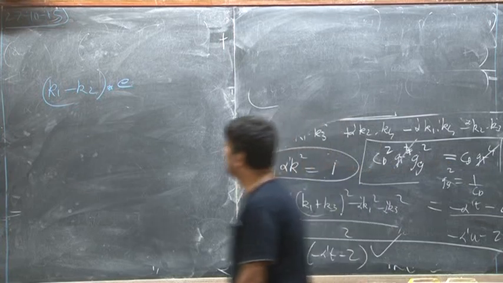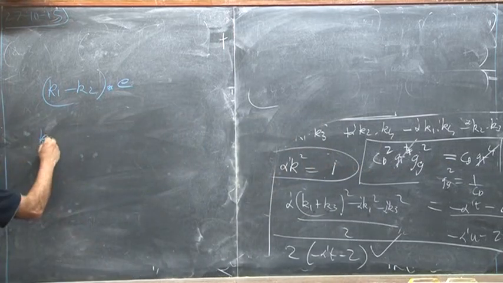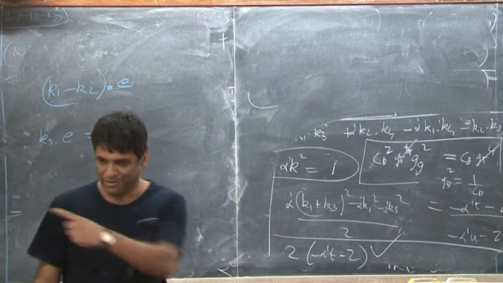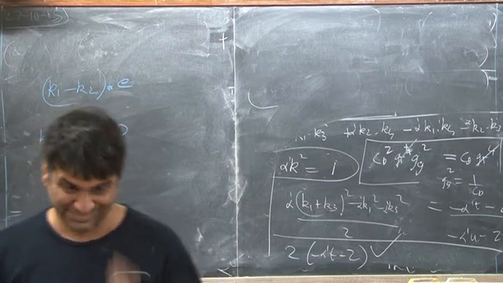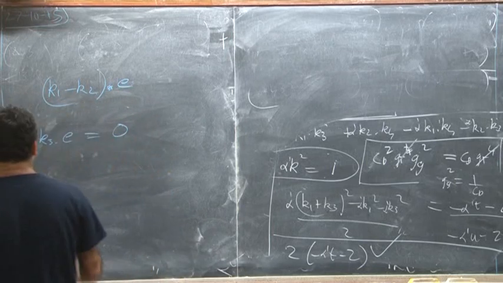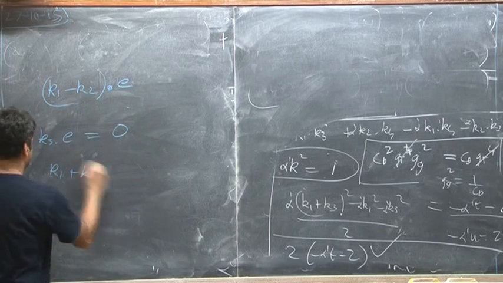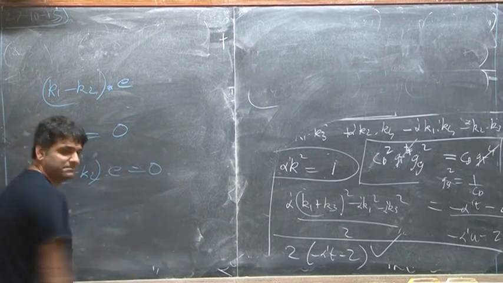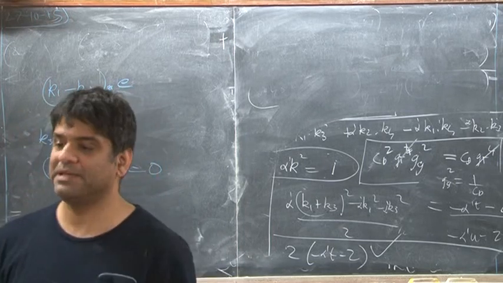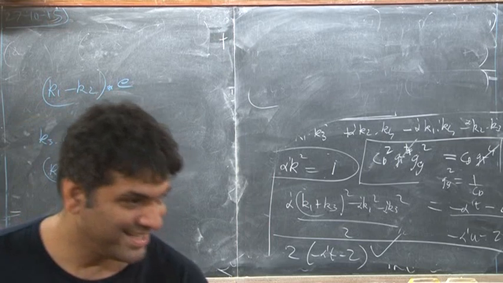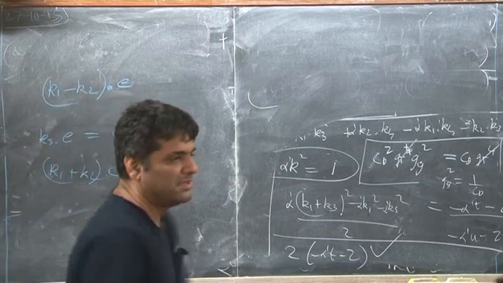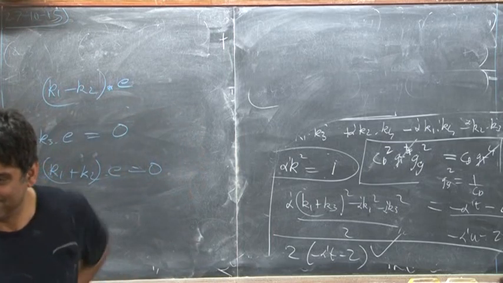Firstly, what do we know about e? We know that k3 dot e is 0 because the polarization is transverse to the momentum. Therefore, from momentum conservation, (k1 plus k2) dot e is equal to 0. We already know that any dot product built up of just the three momenta is just a number, because it can be expressed in terms of the masses of the three on-shell particles.